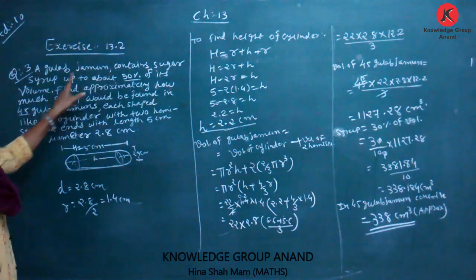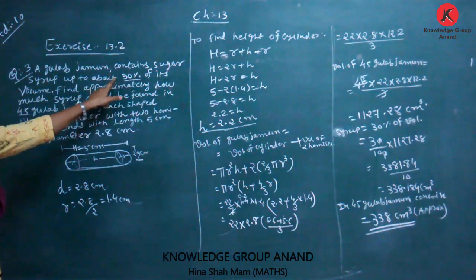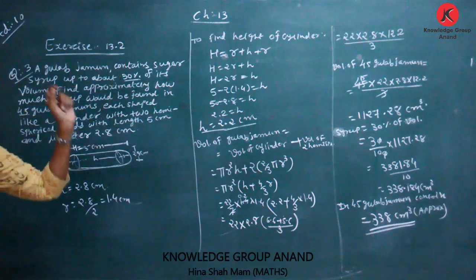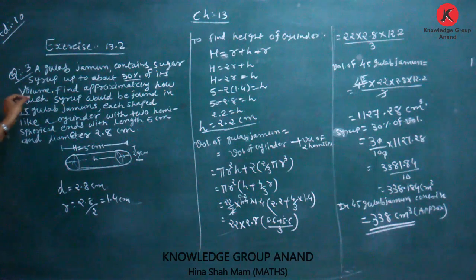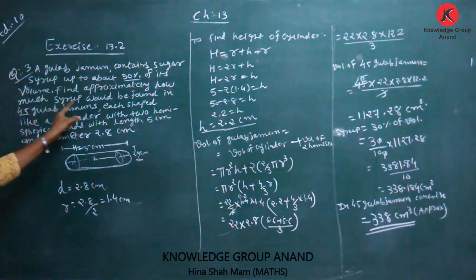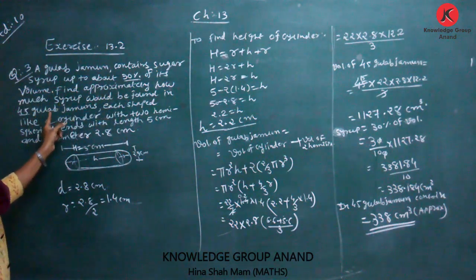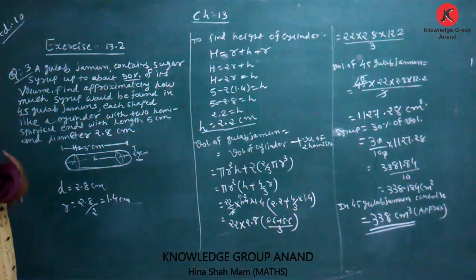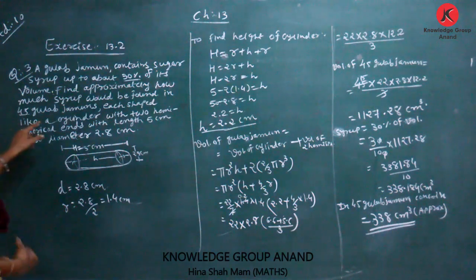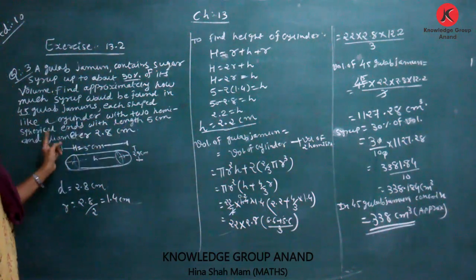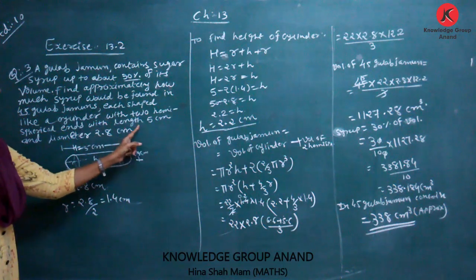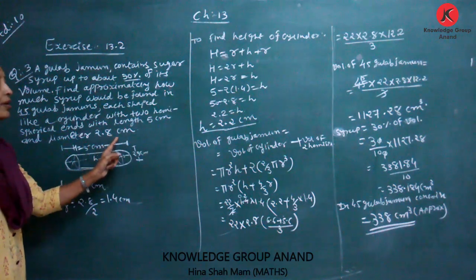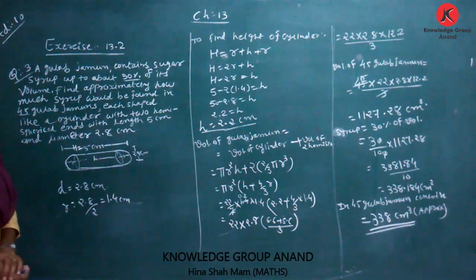Now the question again. A gulab jamun contains sugar syrup up to about 30% of its volume. Find approximately how much syrup would be found in 45 gulab jamuns. Each is shaped like a cylinder with two hemispherical ends, with length 5 cm and diameter 2.8 cm.